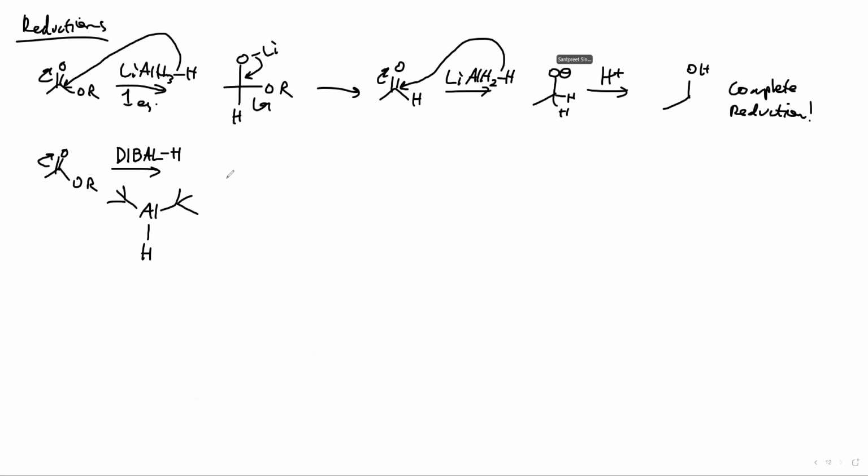So I'm not going to draw the whole process because it's going to confuse you guys. But essentially, we have to get to this part. And then the hydride will work.